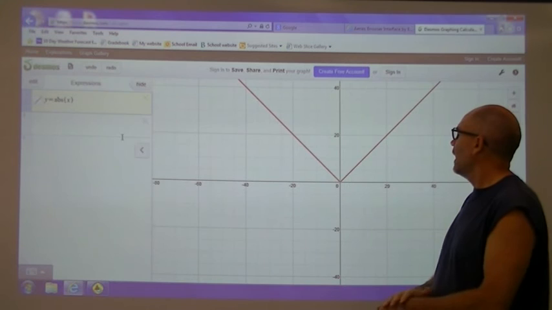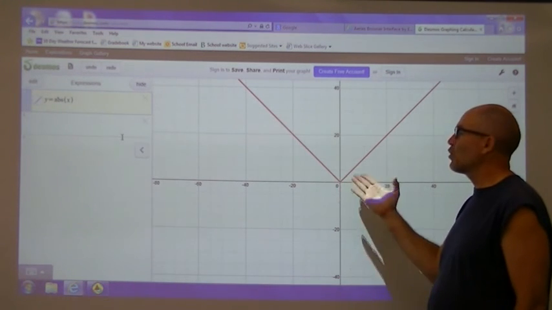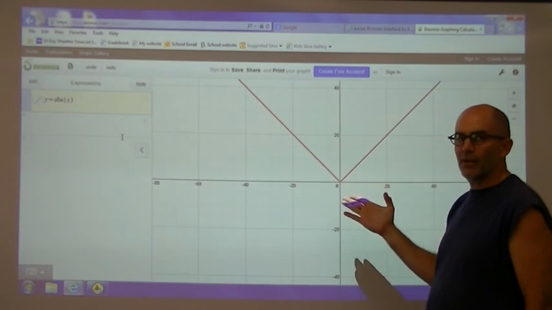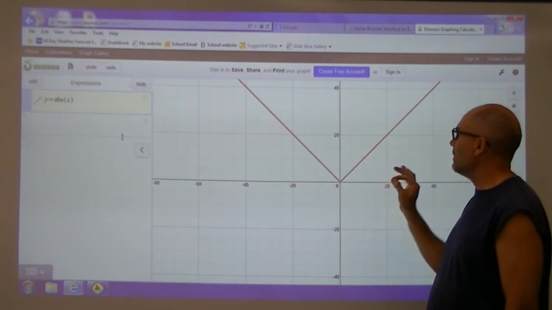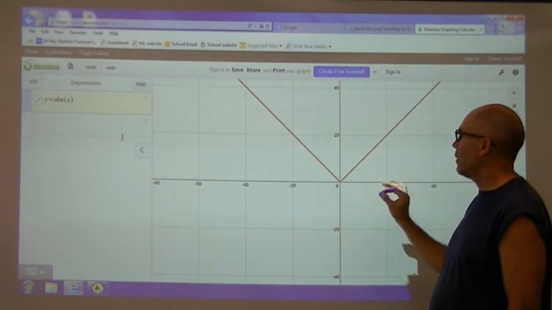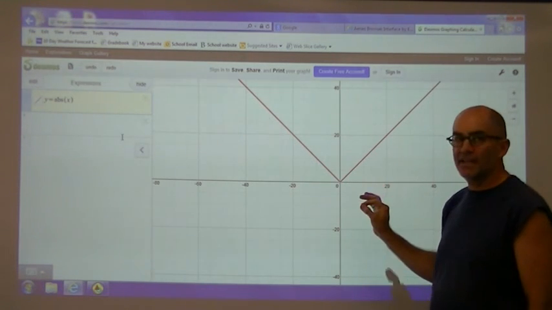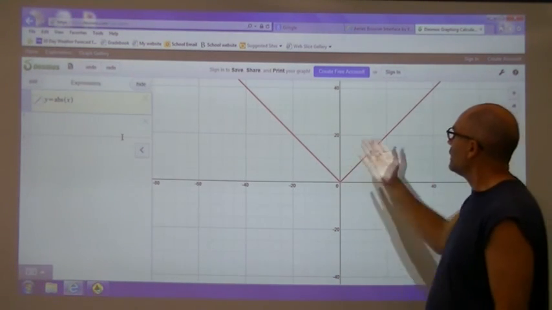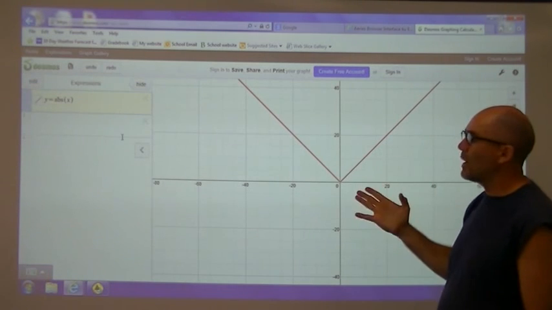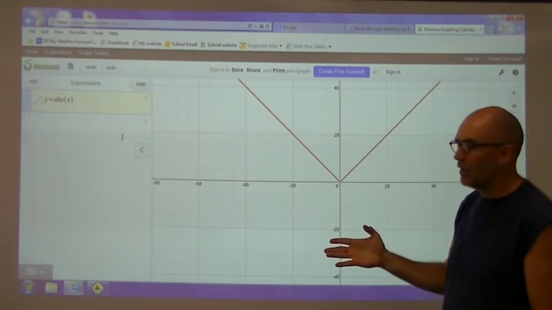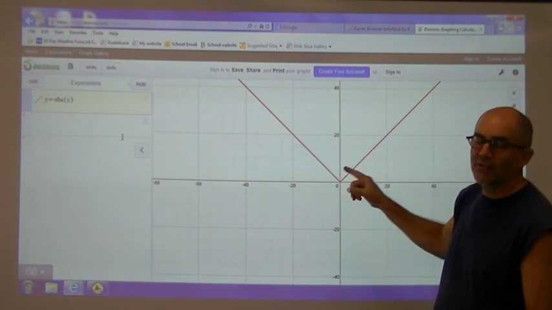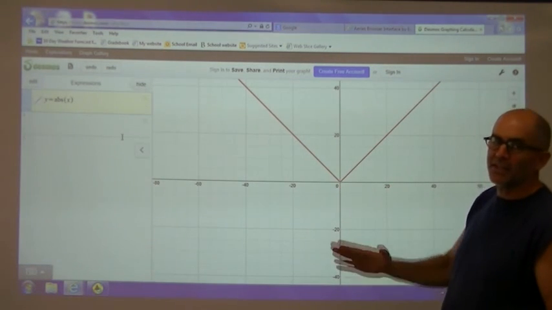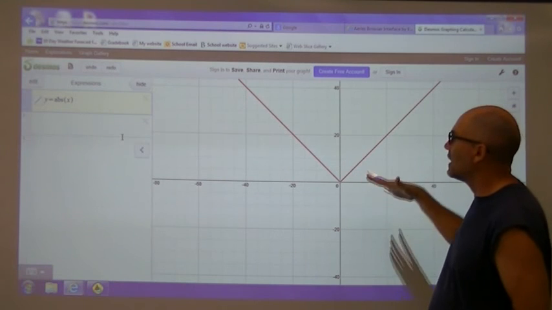Well, where are the critical points here? The critical points are where f prime of x equals 0 or does not exist. Now, there is no place on here where f prime of x equals 0. At x equals 0, f prime of x does not exist, because remember, the derivative does not exist where there's a corner or a cusp.